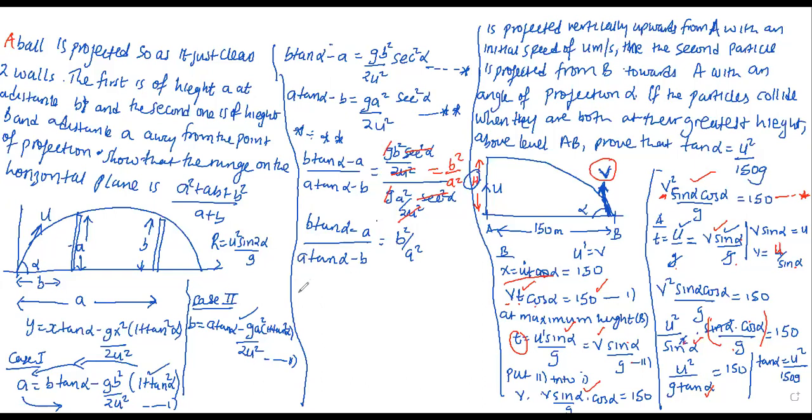When you cross multiply, we shall have a squared b tan alpha minus a cubed is equal to b squared a tan alpha minus b cubed, giving me a cubed minus b cubed is equal to a squared b minus b squared a of tan alpha.